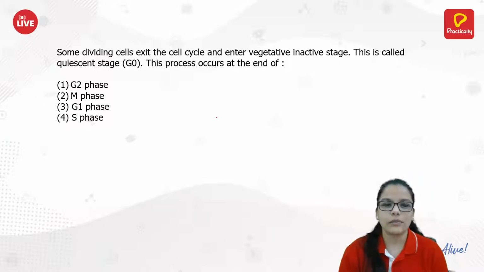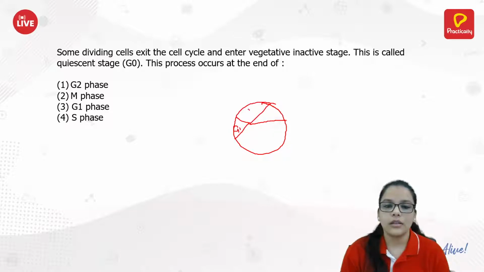This is actually a bit of a problematic question which was given last year. It goes like this: G1, S, G2, and then M. Now this has prophase, metaphase, anaphase, telophase.